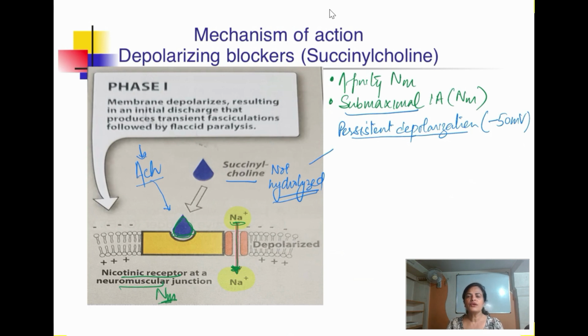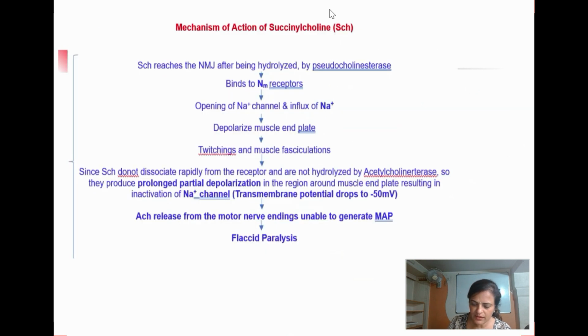So for succinylcholine's mechanism of action, remember one thing: it has two phases, phase 1 and phase 2. Just now I talked about phase 1. You can see what happens in phase 1 in the next figure also. Succinylcholine reaches the neuromuscular junction after being hydrolyzed by the pseudocholinesterase.